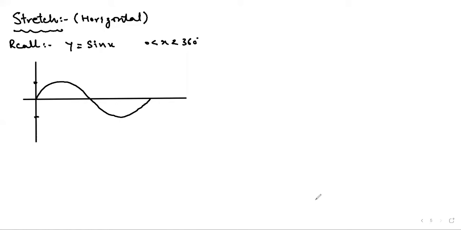Now we will draw the curve for y is equal to sine 2x. And what is the difference between y is equal to sine of x and sine 2x?